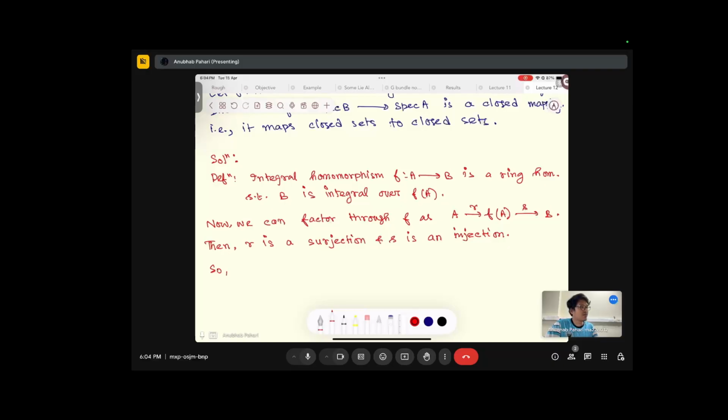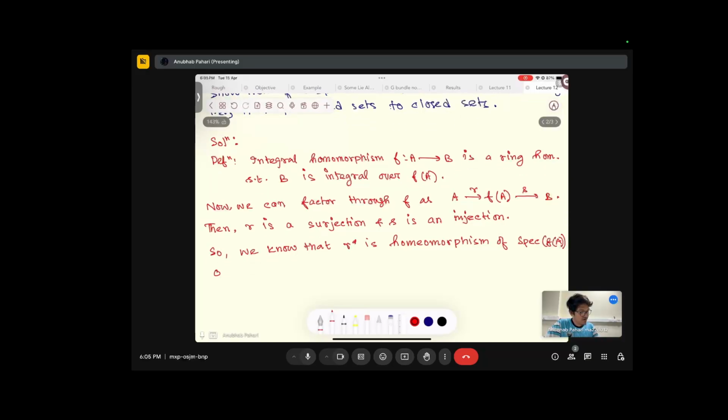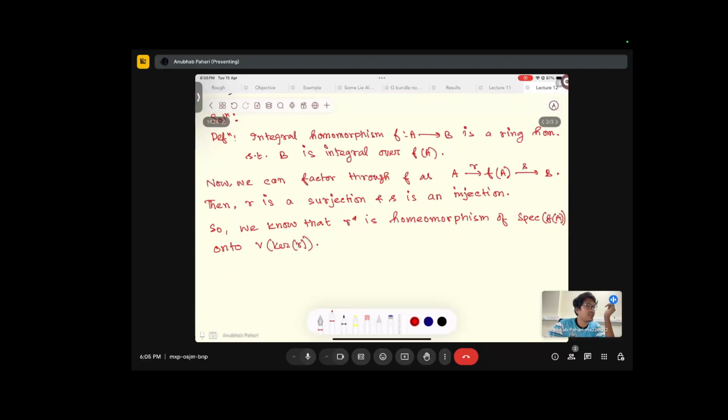From a previous result we know that R upper star is a homeomorphism of Spec f(A) onto V of ker R. You remember that I did this proof while doing the Zariski topology in that lecture, or you can simply reference Atiyah-Macdonald exercise 1.21 (iv).